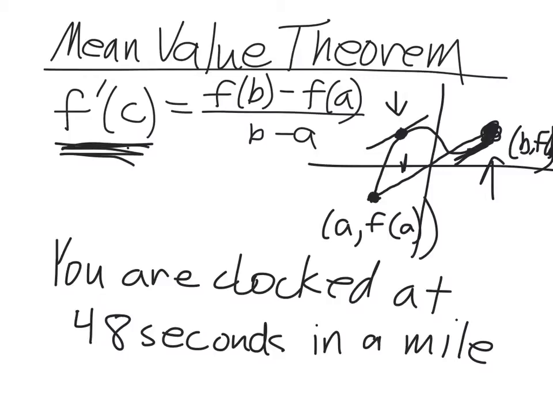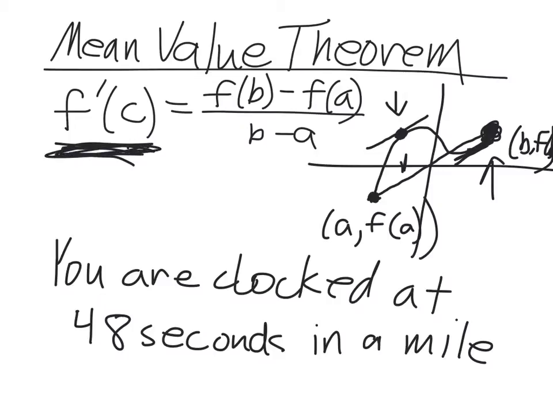Well, you're given a ticket for speeding. How fast would they be able to show that you were going? Now, you may not be going the same speed the entire mile, but they can still say you were at least going this fast. Maybe you were going even faster at some point, but we can prove that you were going at least this fast. This is using the mean value theorem.